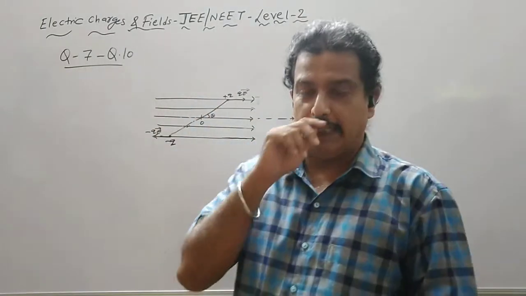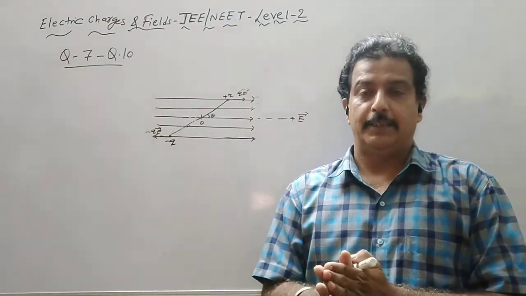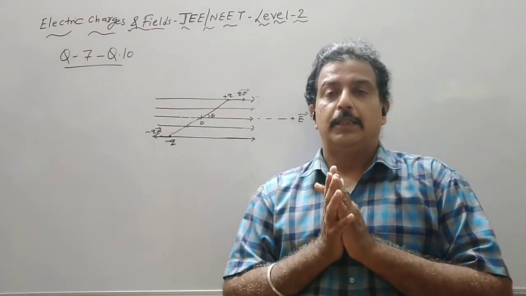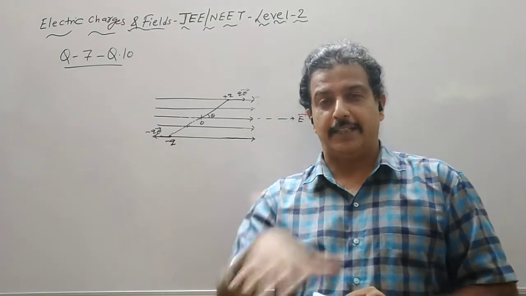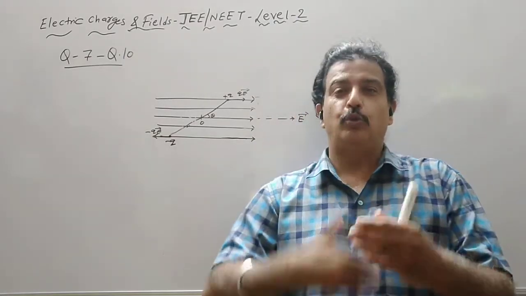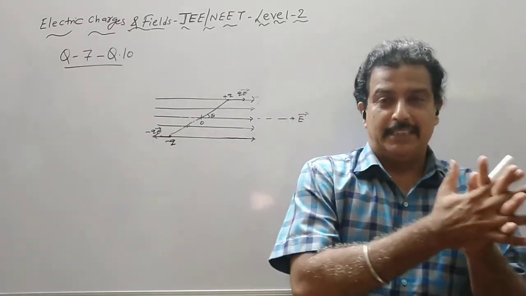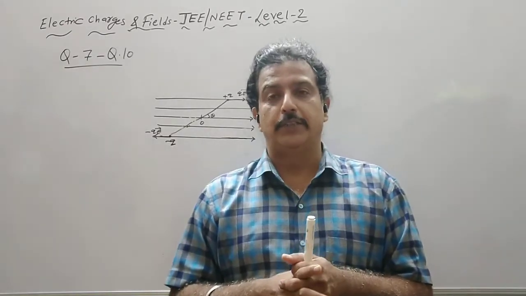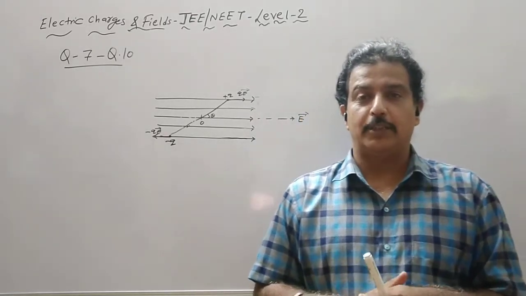Now we don't know whether it will perform simple harmonic motion or not. You have to prove that. So you have to remember, when the dipole is in the direction of the field, it is aligned, and now you rotate it by a small angle. In chapter 2 also, we have the potential energy of a dipole, minus PE (cos theta 2 minus cos theta 1).